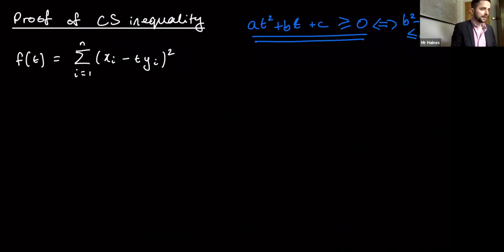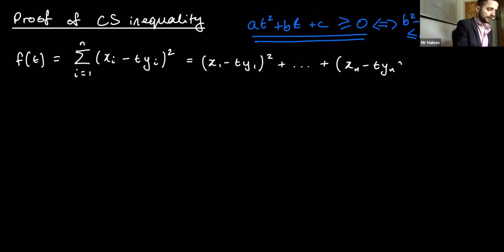So that's using sigma notation, and don't worry if you haven't seen that before. All it means is f of t is x1 minus t times y1 squared, and the same with x2 and y2 up until we get to xn minus t yn squared.